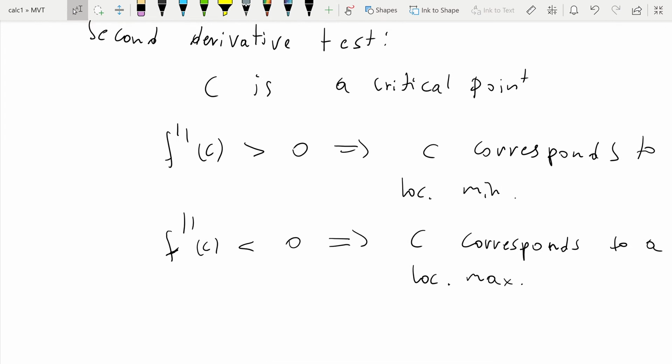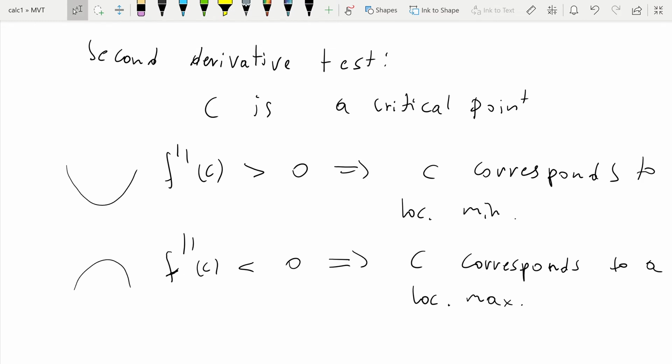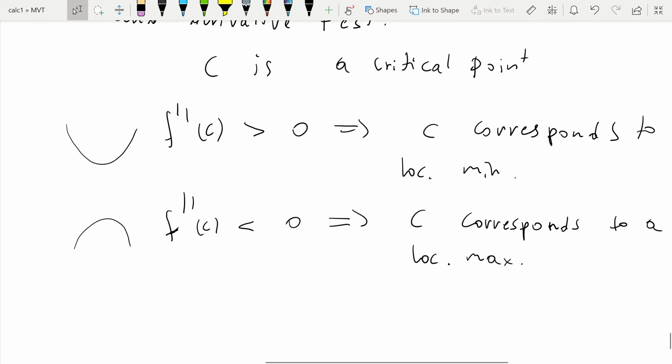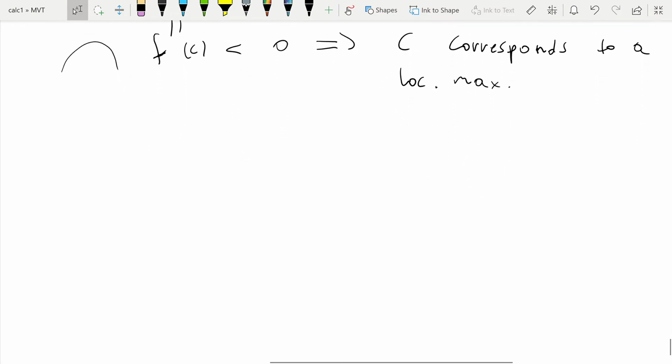F double prime positive means that the graph near that point where the derivative vanishes looks like that. F double prime at c being negative means that it's bending like this. So it's clear from these pictures that when the second derivative is greater than 0, then c corresponds to a local min, and when the second derivative is negative, then c corresponds to a local max.